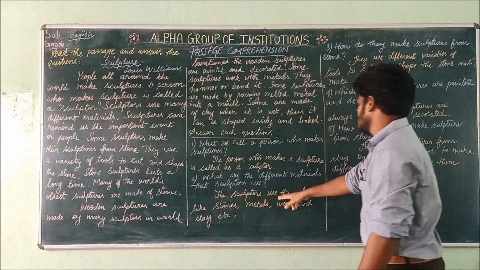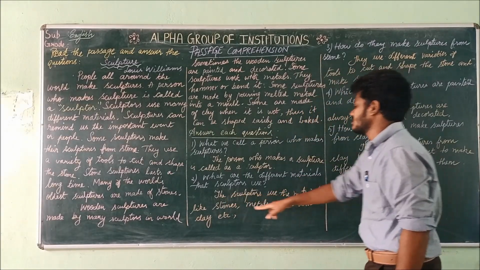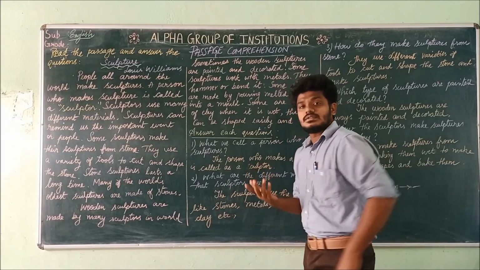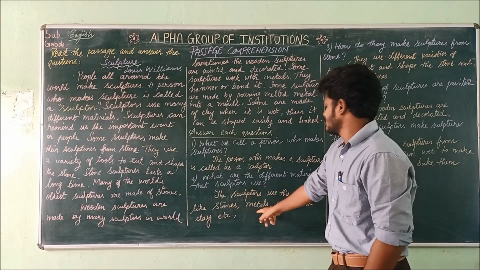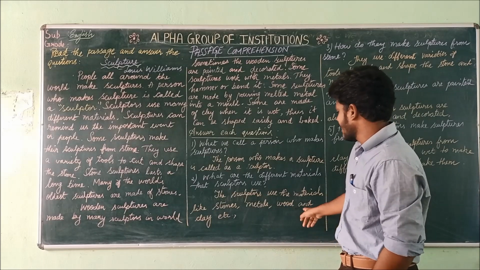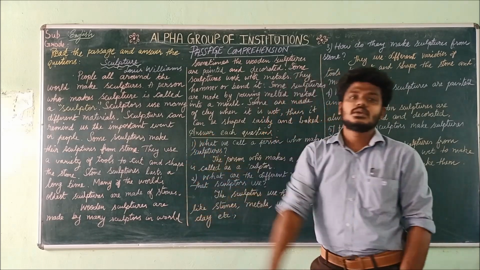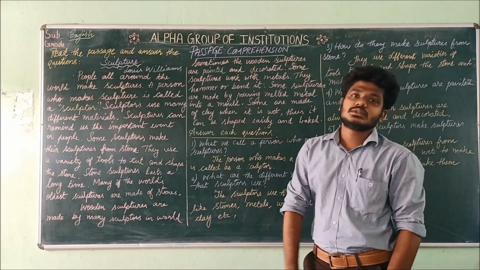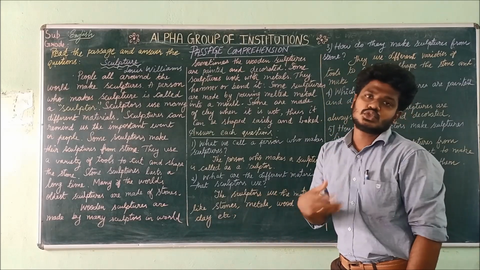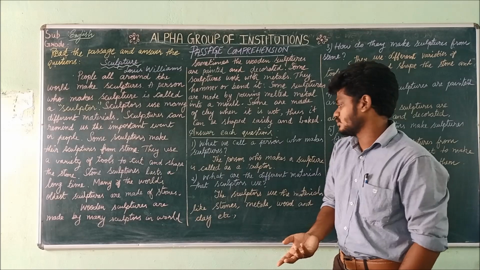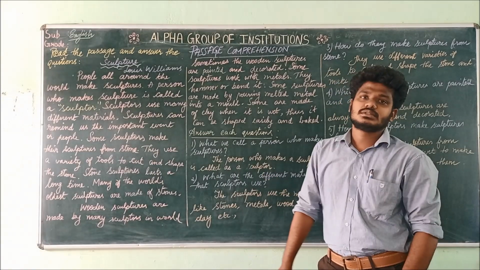The sculptors use materials like what? Stones, metals, wood and clay. Okay, so clay is the last one. These are the materials they use to make statues, or sculptures.